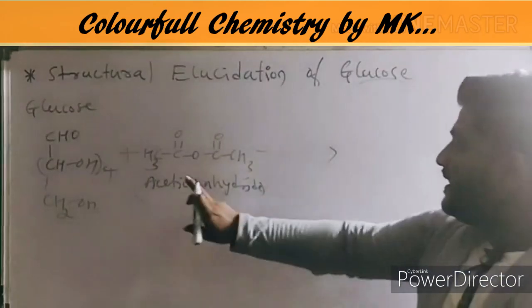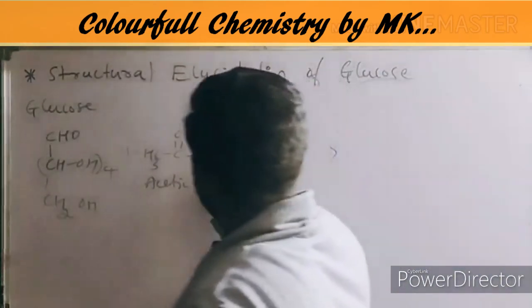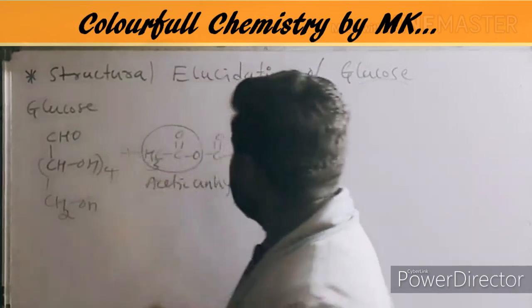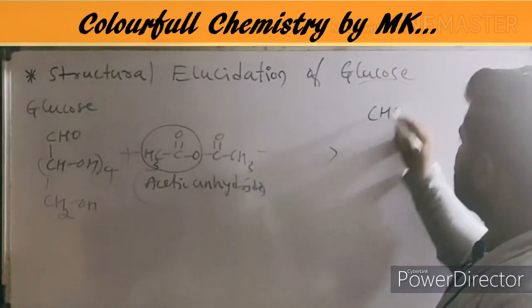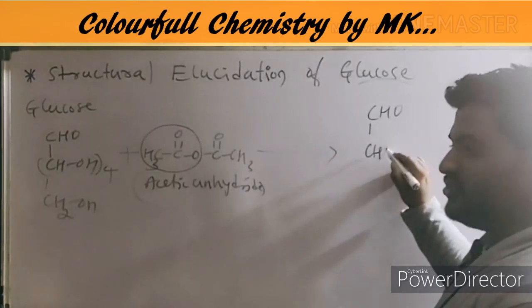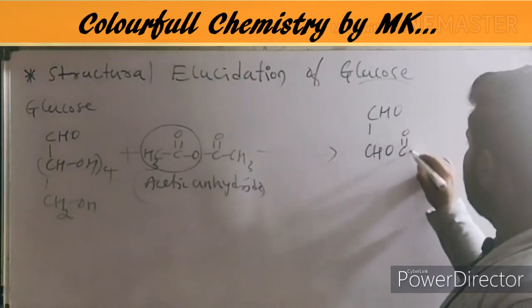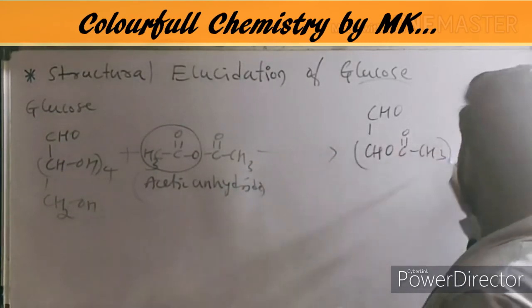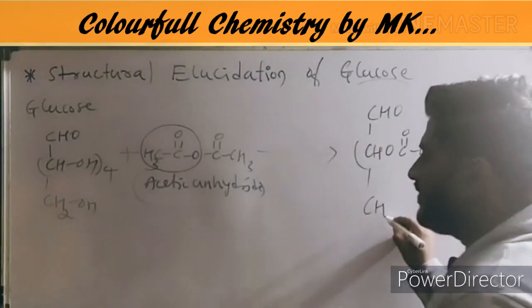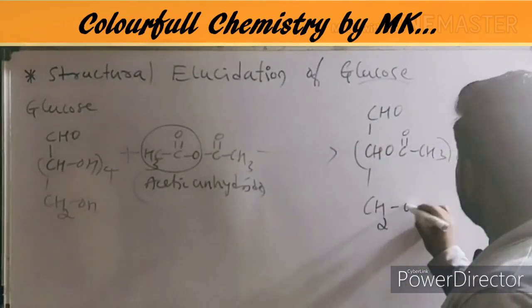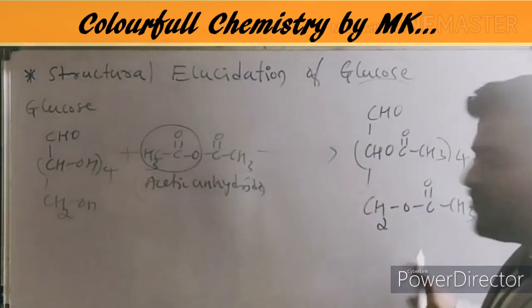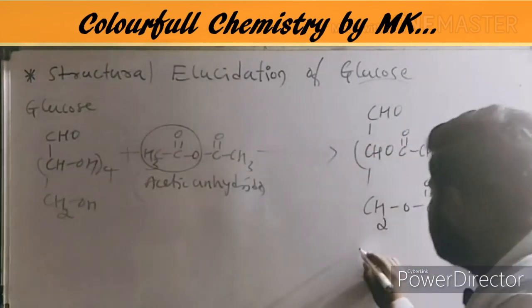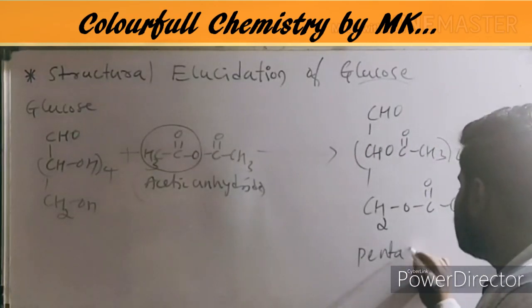Look here. Wherever OH is there, we have to add CH3COO here. This one is the same, CHO here, CHOCOCH3, this one 4 times. The remaining is CH2OCOCH3. This is one acetyl group, and these are 4 acetyl groups. So what is the name of this? Pentaacetyl derivative.